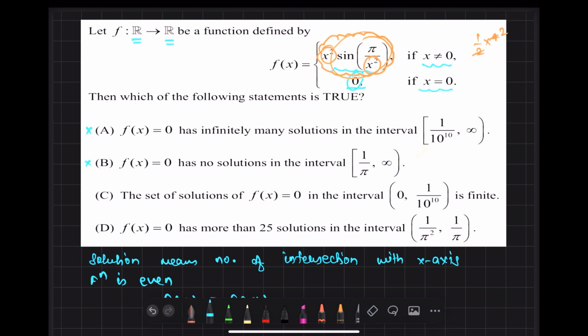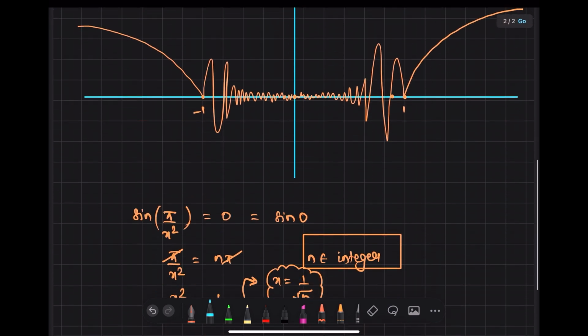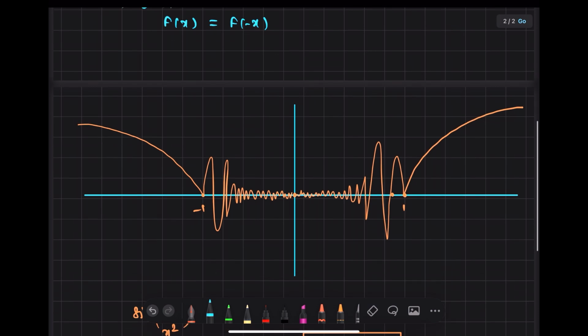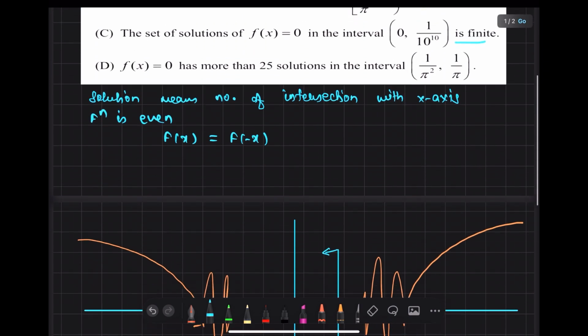Now look at this. The set of solutions of f of x equals 0 in the interval is finite. 1 by 10 power 10 is somewhat close to 0. If you go in this direction, you have to go till this and you cannot touch 0, so it's an open bracket.